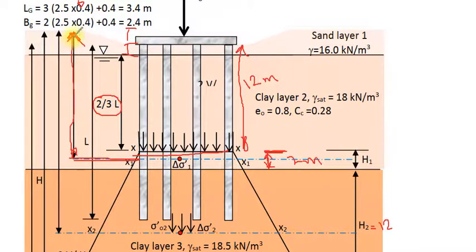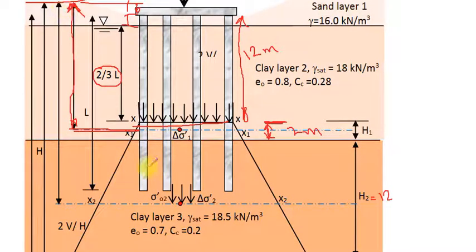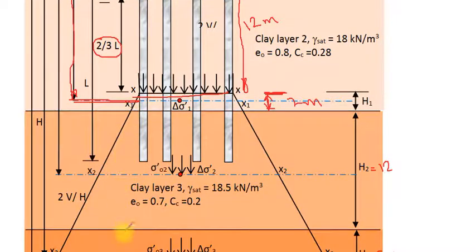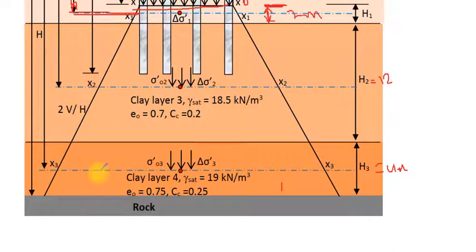The overburden pressure starts not from the base of the cap or the top of the cap, but from the ground level, and the ground level here is 1 meter above the cap. To compute overburden pressure, we begin from this point to the middle of the first layer, and then for the second layer, this is the middle of the second layer, and also we have to compute the overburden pressure at this level.